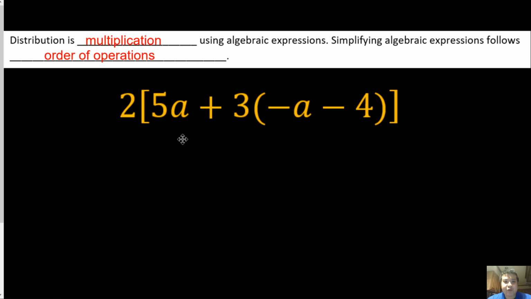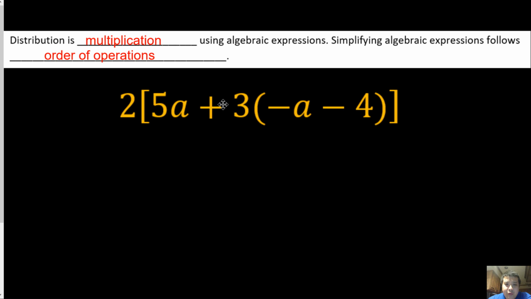So our first example. Here we have a bracket, and within that bracket we have parentheses with this 3. Inside this bracket we have an addition and a multiplication into a binomial, a and negative 4.